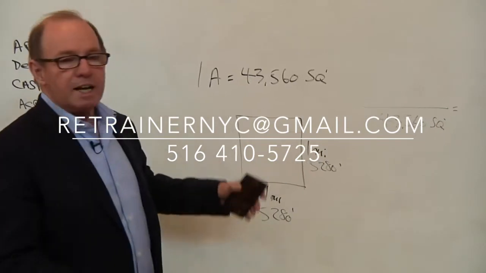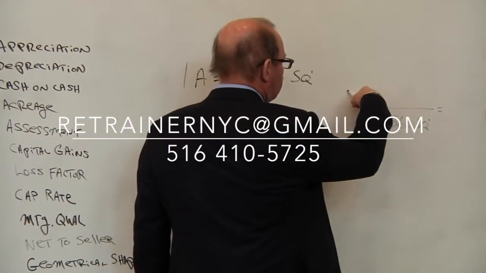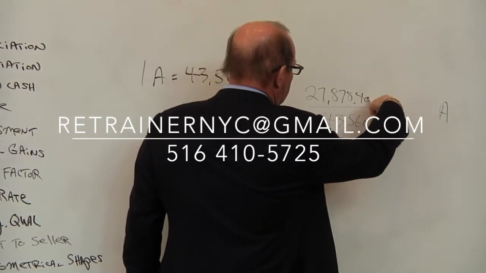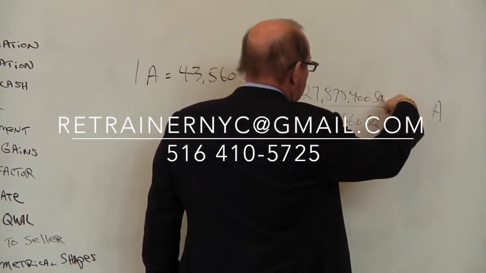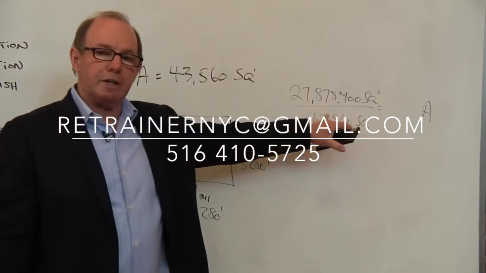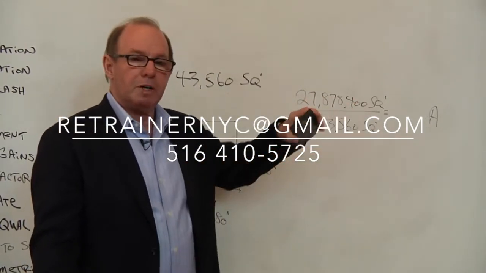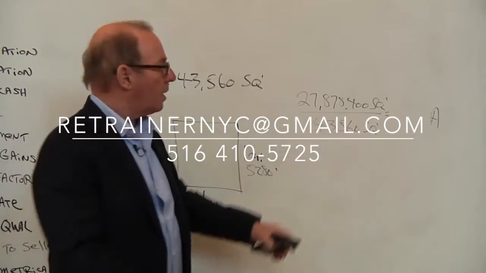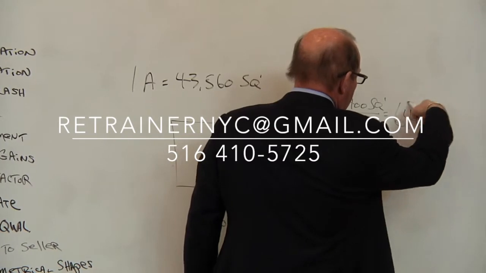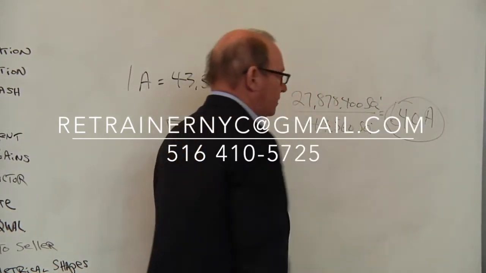And it turns out that that number is 27,878,400 square feet. And by dividing 27,878,400 square feet by the number of square feet in 1 acre, I get the number of acres, which is 640 acres. That's how we handle acreage.